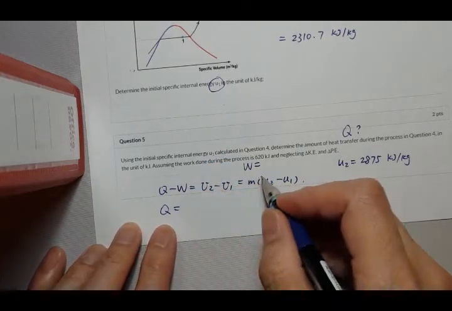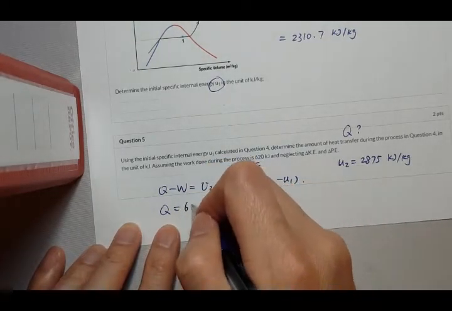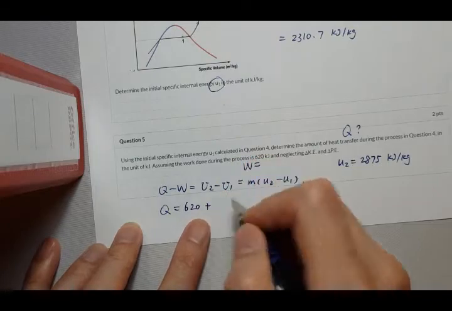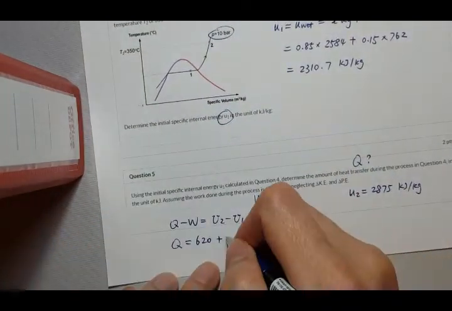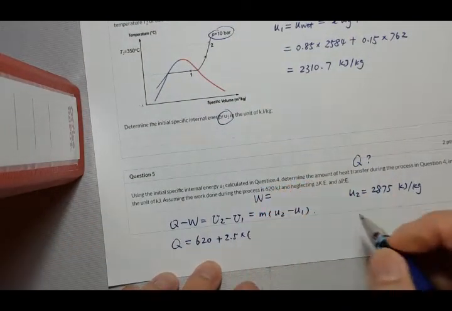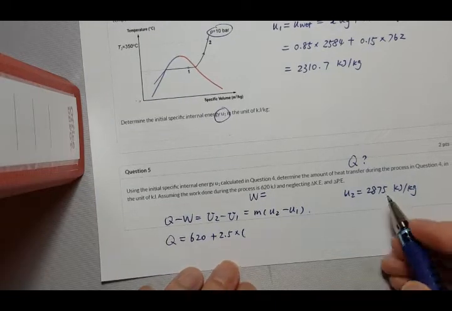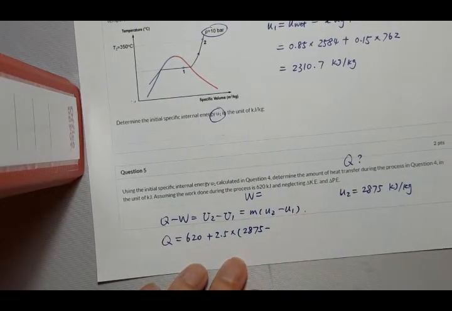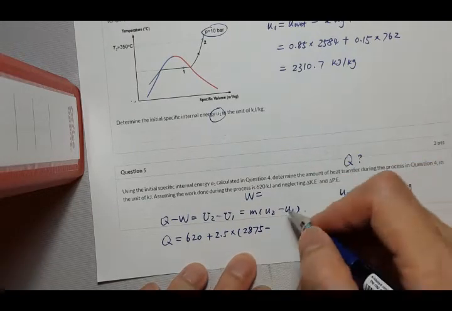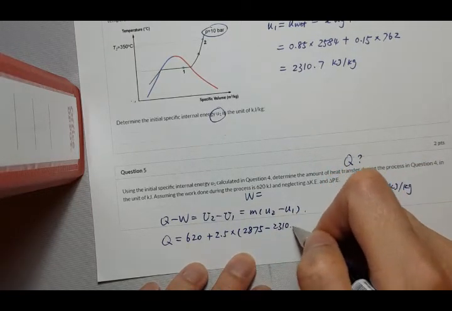And now we can calculate the final answer for Q. We move W, because W has been given, add m, where mass is here, 2.5 kilogram, times U2. U2 we just found out, and U1 is here.